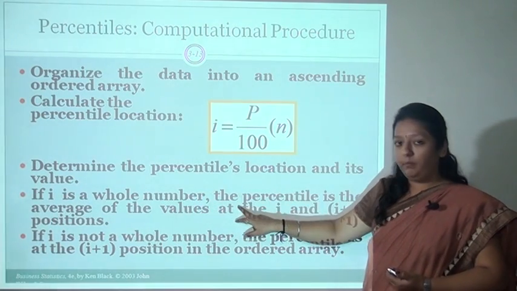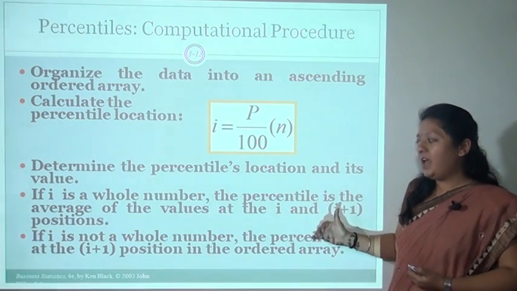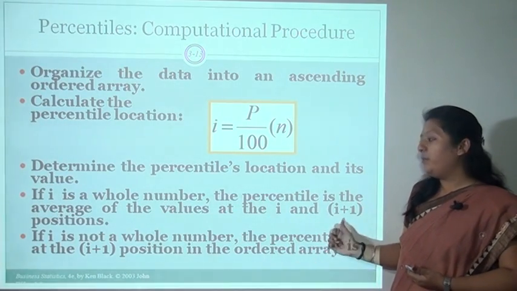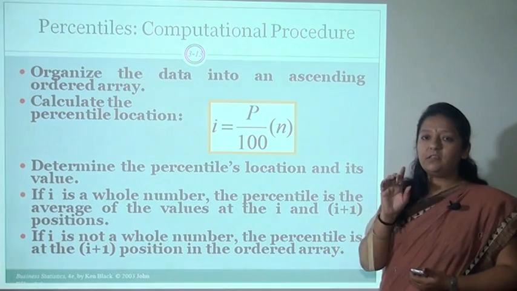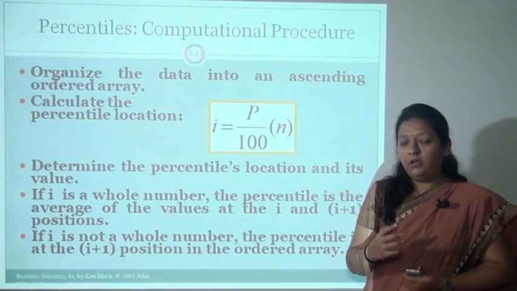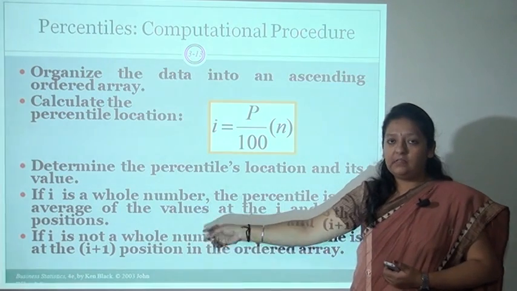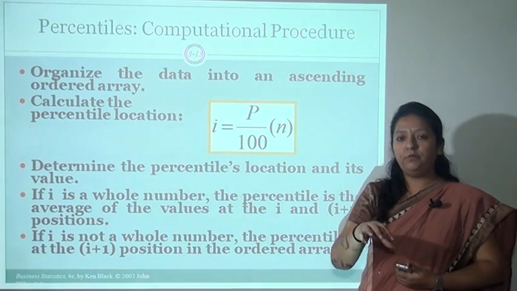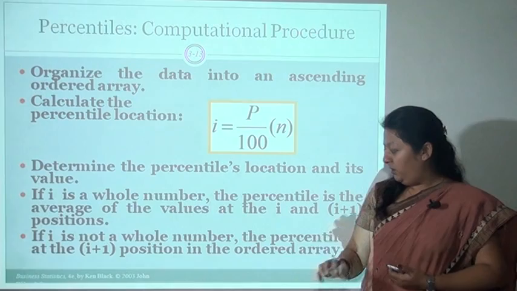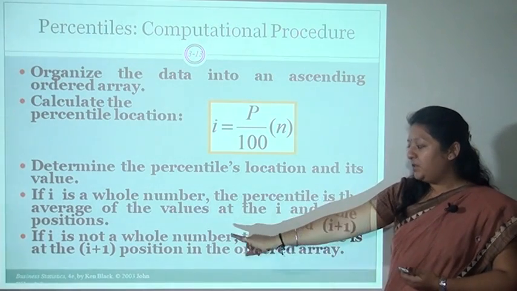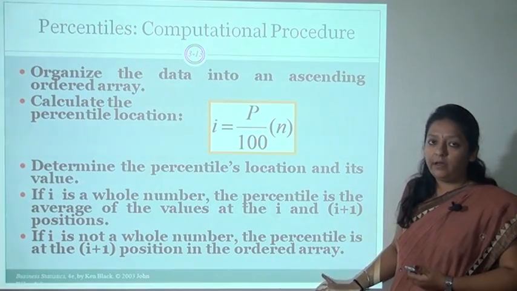If it is a whole number, the percentile is the average of the values at the i and i plus 1 positions. If it is, for example, 10, then it is going to be 10 plus 1. If it is not a whole number, say it is a fraction like 10.5 or 10.25, then the percentile is going to be the i plus 1 position in the ordered array.